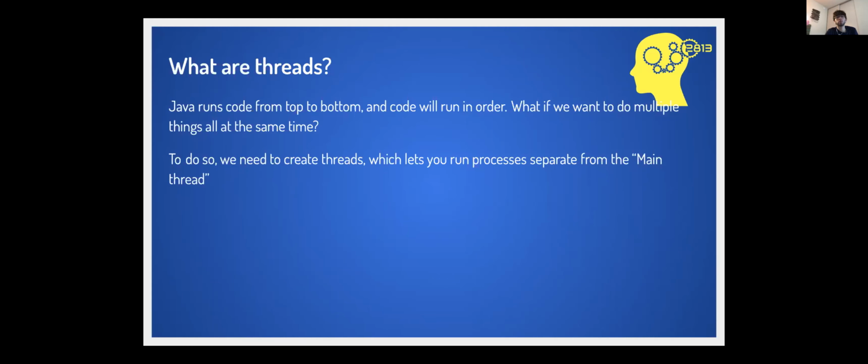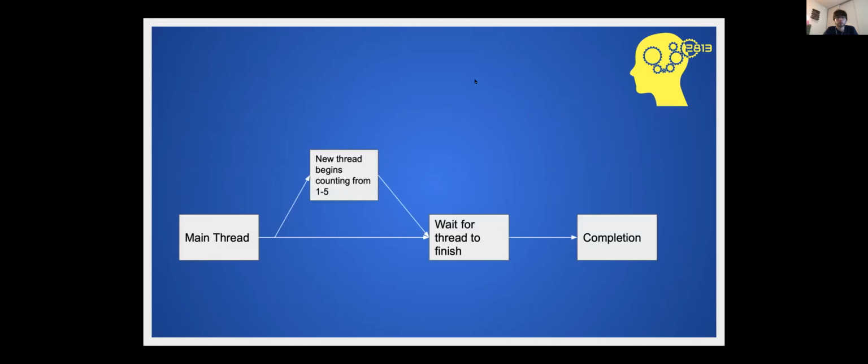But if you want to have multiple things running at the same time, then you can create another thread or multiple threads. Here we have two threads: the main thread, and a new thread we created off the main thread.